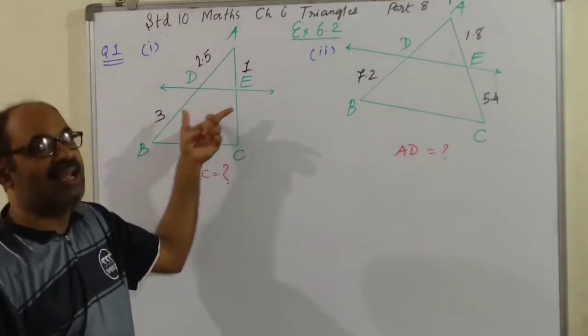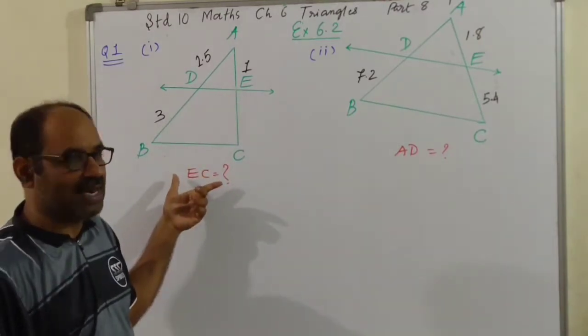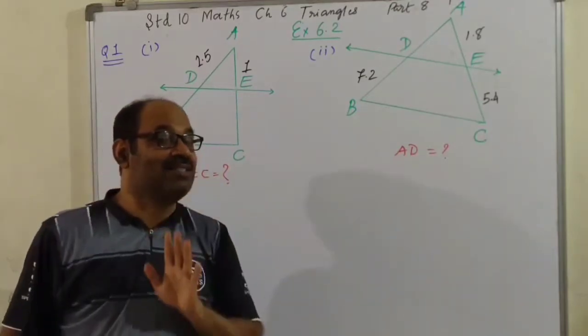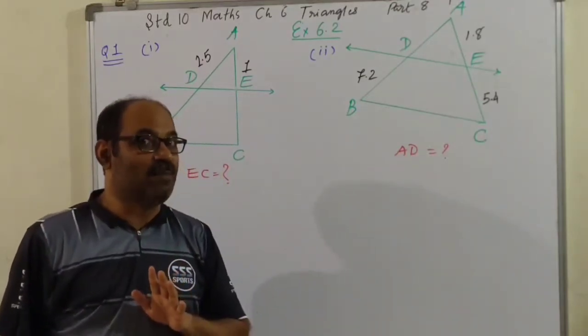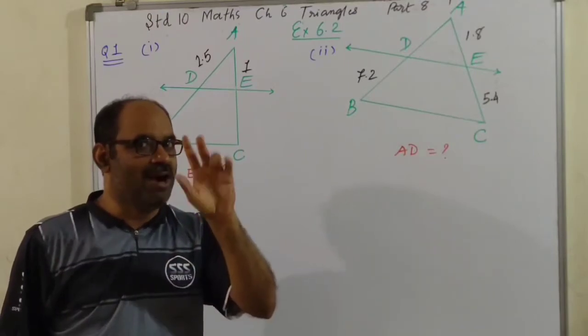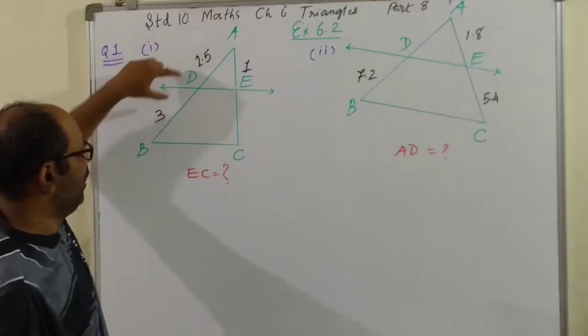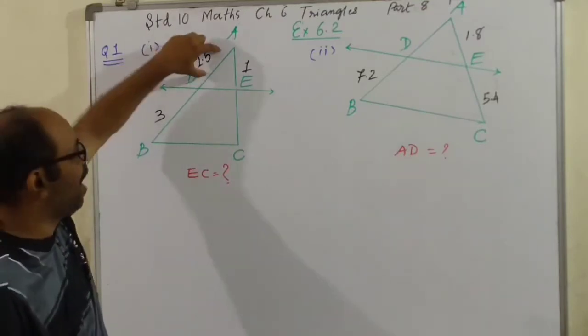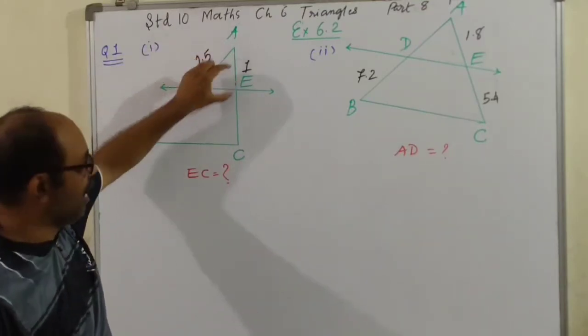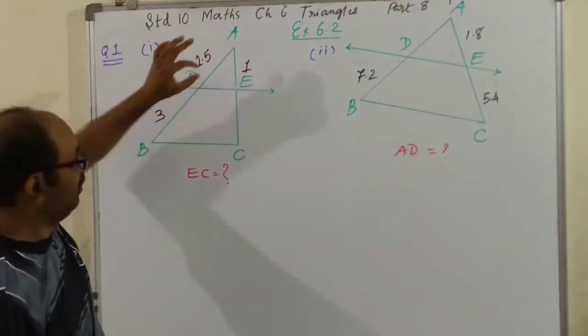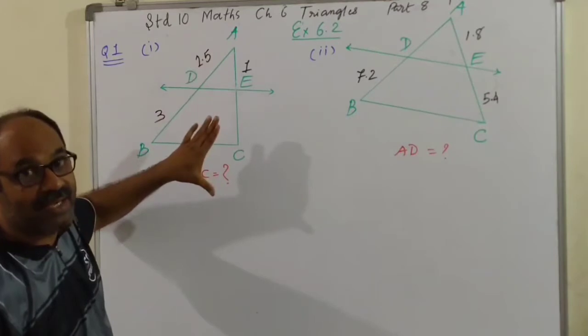When you have a line parallel to a side of a triangle and intersecting the other two sides, then we can use the result of theorem 6.1. Not 1, not 2, we have 5. Let's say AD upon BD, that is part upon part, is equal to AE upon EC. Result 1. AE upon side is equal to AE upon side.